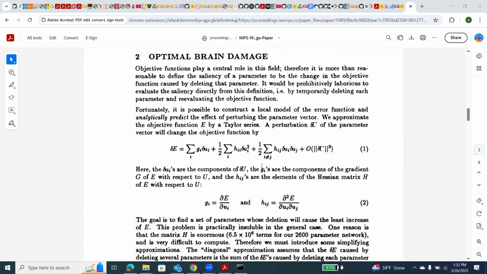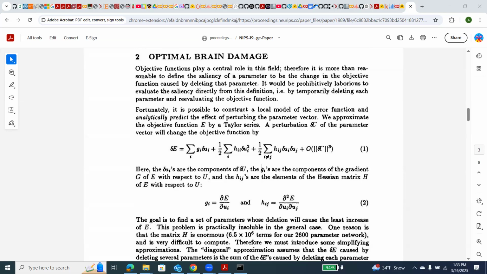So if you have optimized your function, then what is the gradient at the minimum? Zero. So if you use Taylor expansion, then you will have the value at the optimum plus the first order terms, which is zero, and then the second order terms.